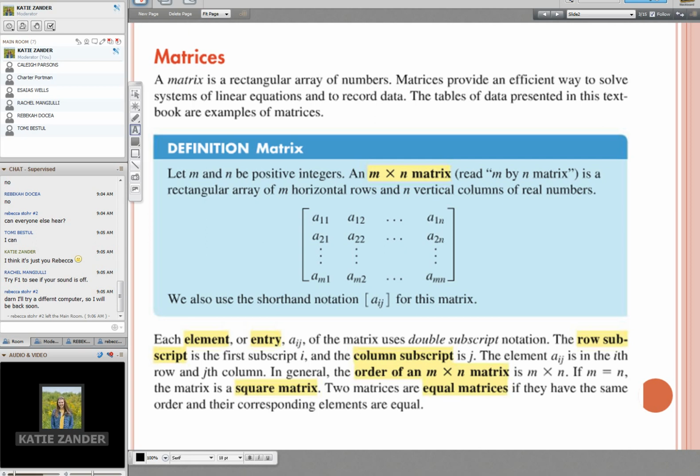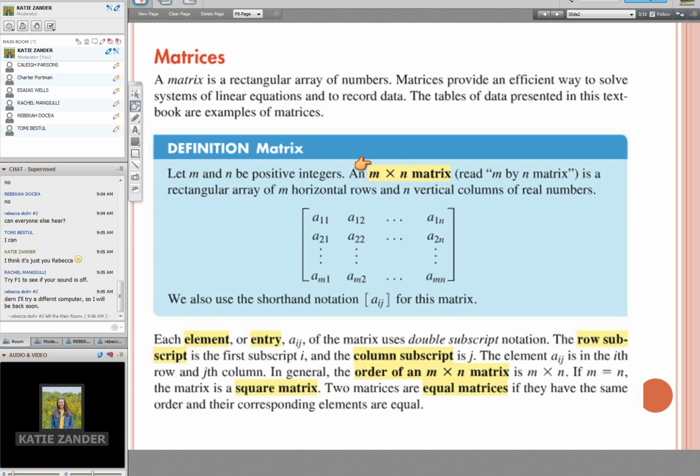The first piece of information we have to know is how we can define our matrix. Matrices are defined by rows and columns. How we will identify this is we always call a matrix an M by N matrix.